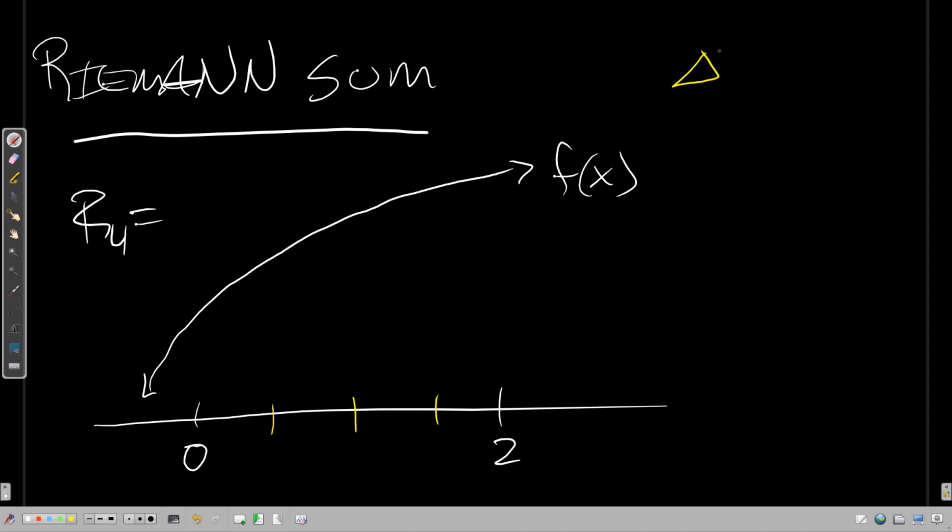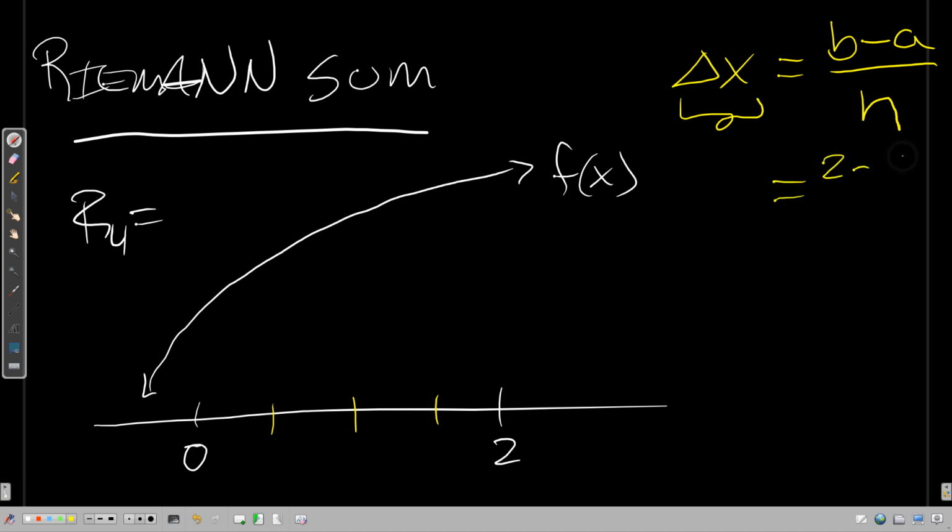Remember that the width of the rectangle is just the length of the interval divided by the number of rectangles. So for us here, that's 2 minus 0 over 4. So that means that each of these rectangle widths are 1/2 right here. And it is a right Riemann sum, so the top right corner will come up and touch the curve.